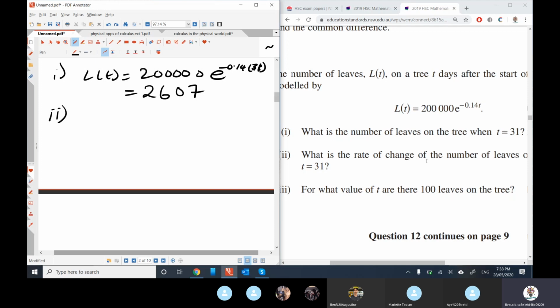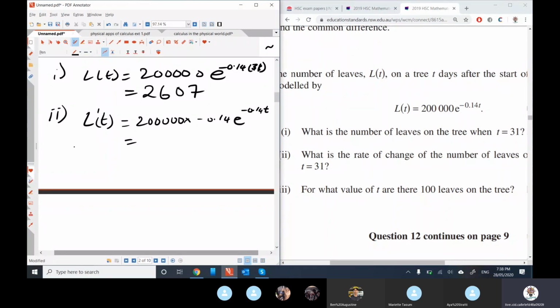Okay. What is the rate of change when t is 31? So pretty much we got L dash t equals, bring it down, so 200,000 times negative 0.14 e to the negative 0.14 t.